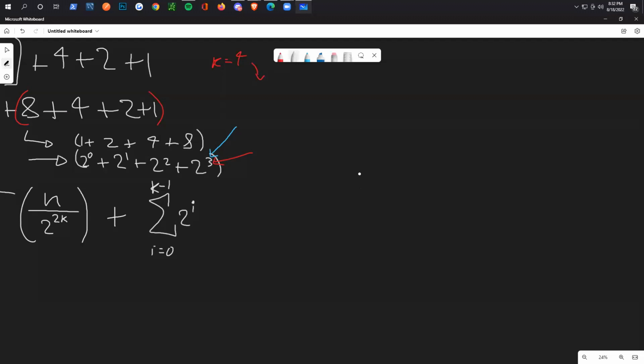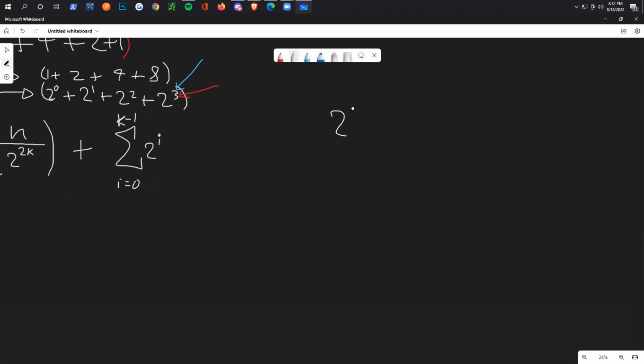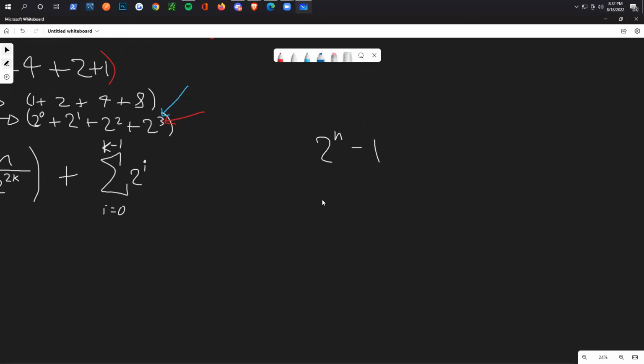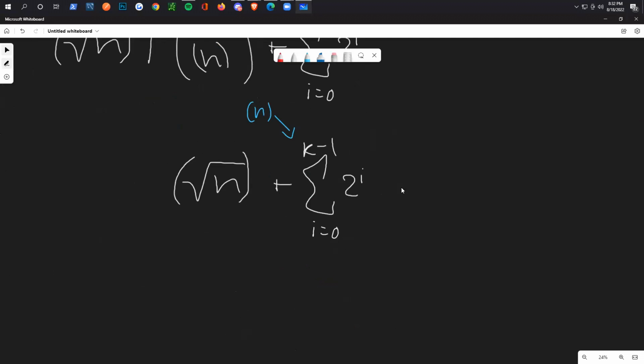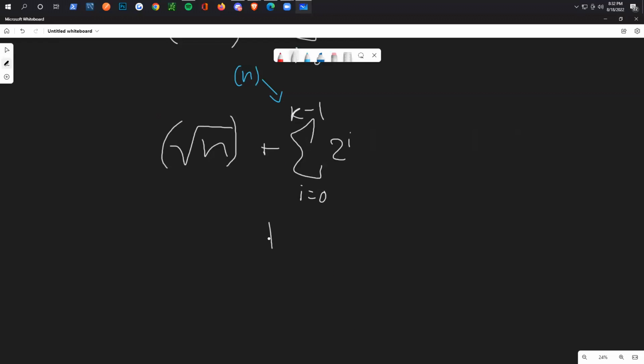So the formula is literally just 2 to the n minus 1. But more realistically, what we ended up having was 2 to the k minus 1. So let me rewrite that: plus 2 to the k minus 1. So this is a formula for this right here.